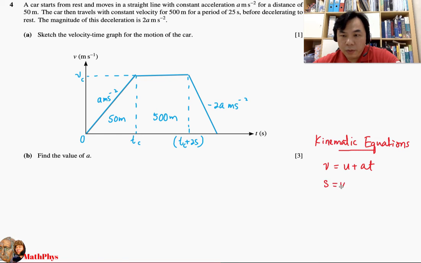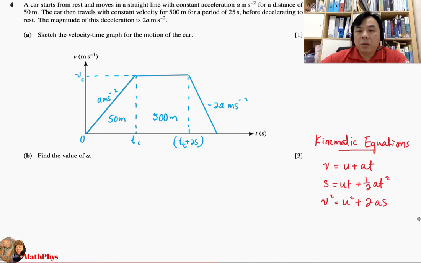Then next you have S equal to UT plus half AT squared. And then maybe we can use the other one, V squared equal to U squared plus 2AS. Yeah, right. Now these are the main equations that we can use for any motion that is uniform acceleration.